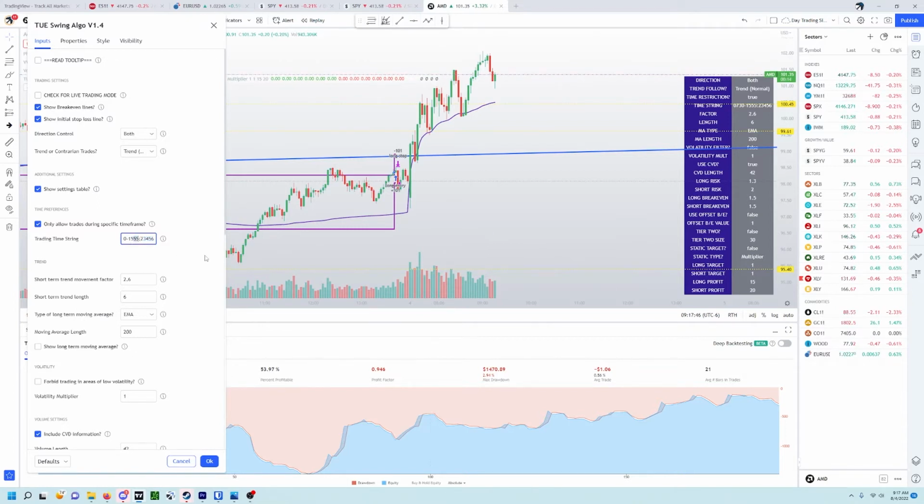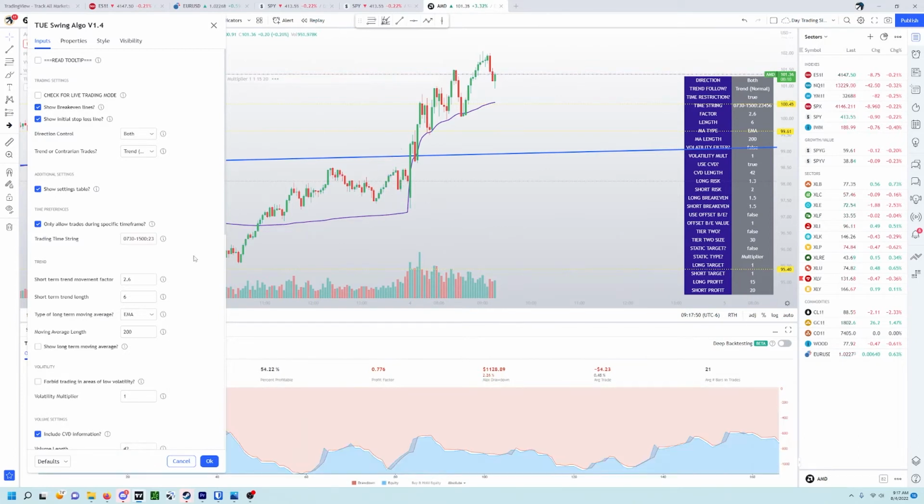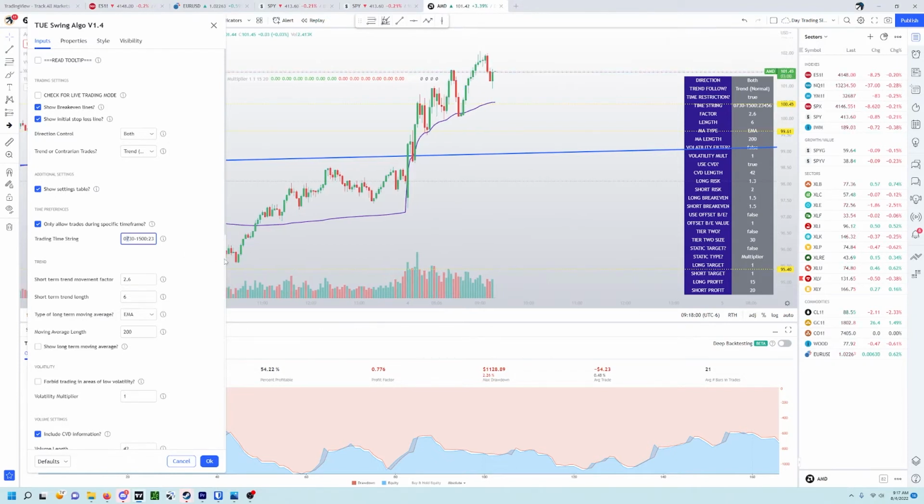This is in Eastern time, so I'm going to cut out trades during power hour. I don't like trading during power hour because it tends to be very messy, right? And 0730, that's 2 hours prior to our market open. So we'll move this to 0930. That's when the market opens.